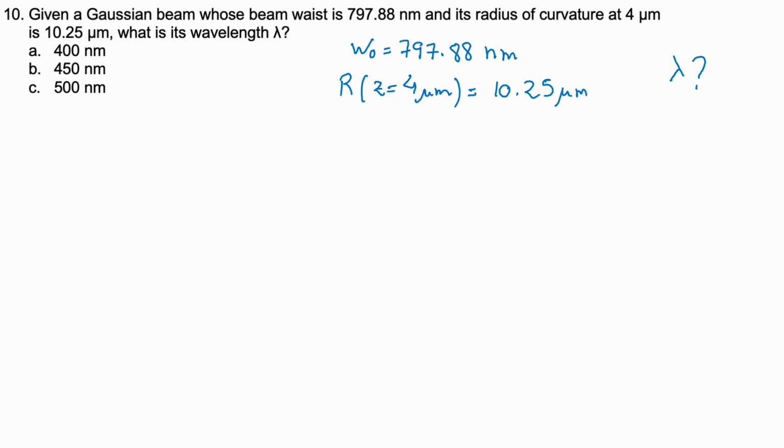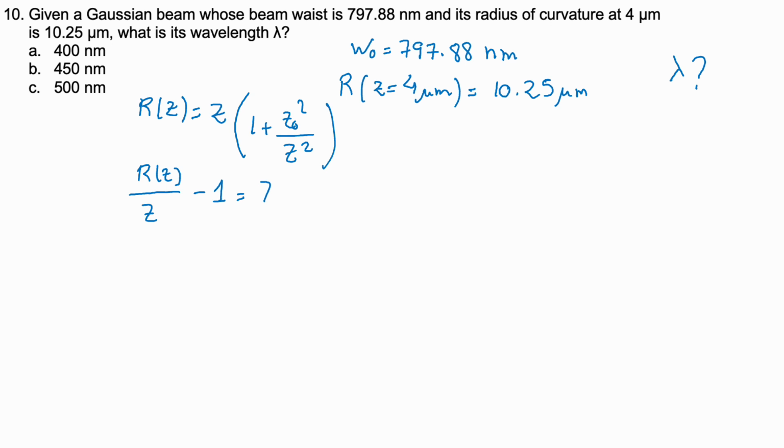So we're going to start with the radius of curvature formula, R = z(1 + z_0²/z²). Remember, z_0 is the Rayleigh range. So the radius of curvature over the distance minus 1 is the square of the Rayleigh range over z squared.